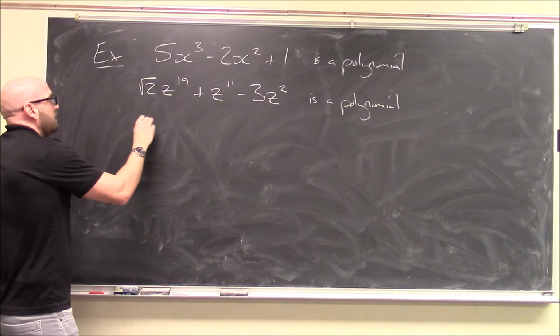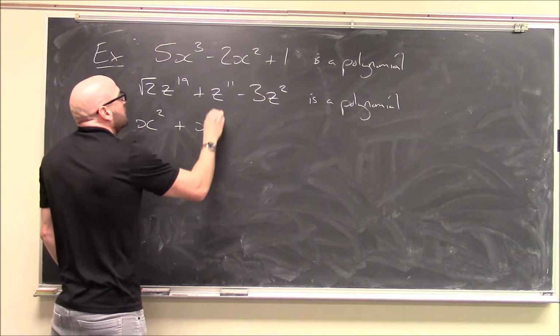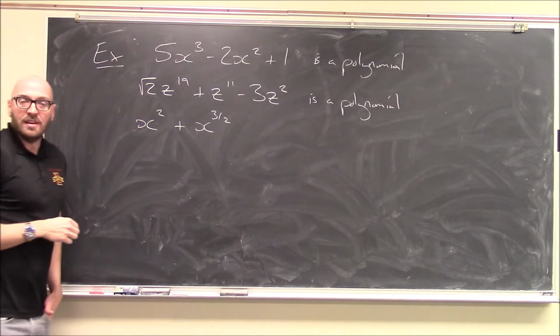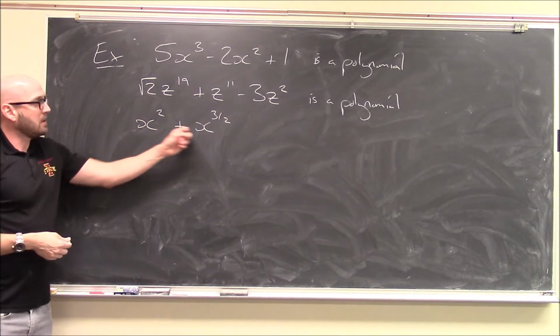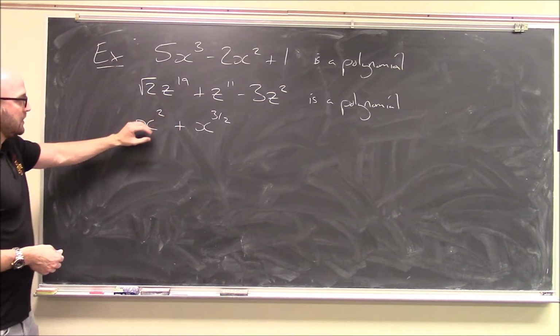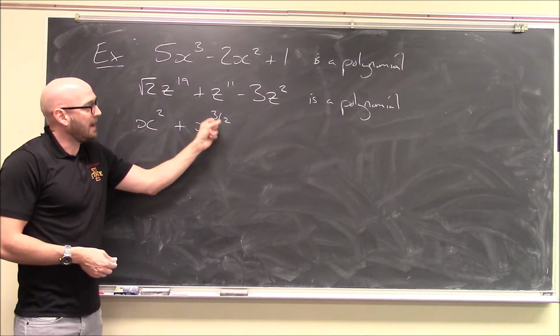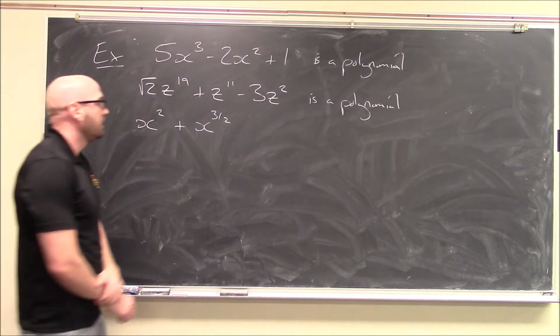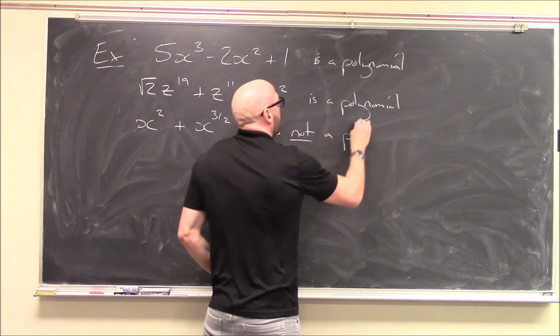But for example, something like this, x squared plus x to the 3 halves, this is not a polynomial, right? Both of my coefficients are 1, that's fine. This first expression is in fact a valid term, but my second expression here, I have a fractional power. That's not allowed, right? So this is not a polynomial.